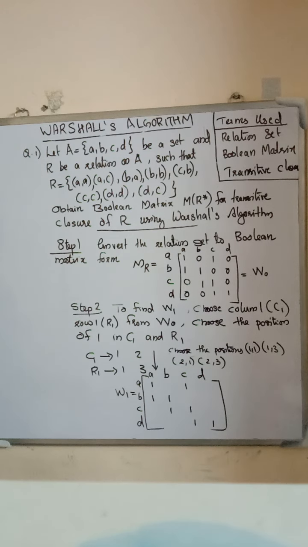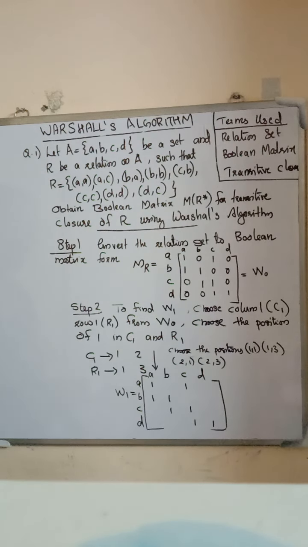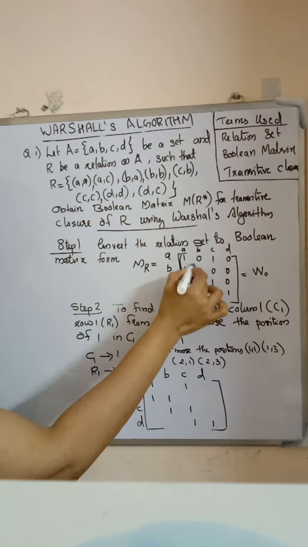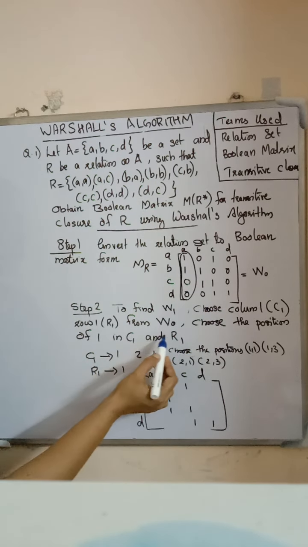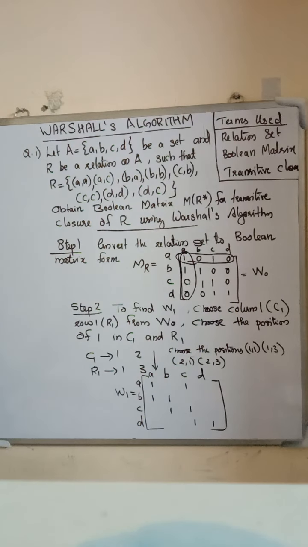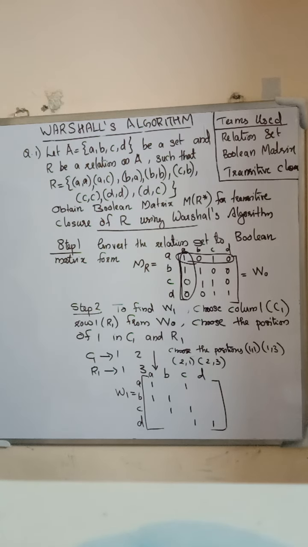Now we want to find the next step, W1. How to find W1? Choose the first column and the first row in the matrix W0.